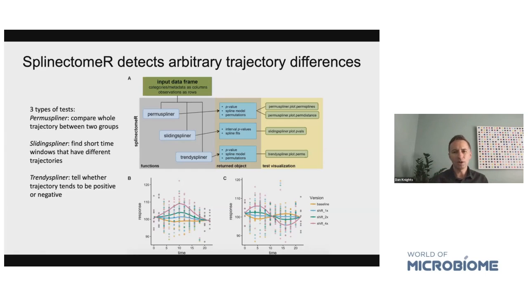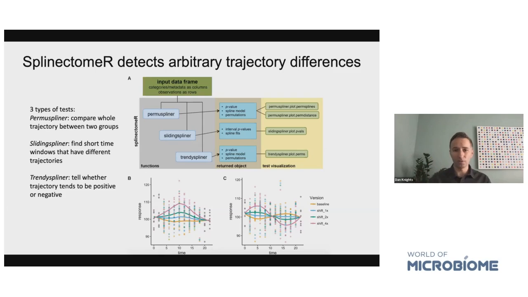And we wanted a way to be able to test whether that shape was different between different exposure groups in our data set. So this tool is called SplinectomeR because it fits a spline to the trajectory in each subject. And then it looks for systematic differences between all of the splines in one group of subjects and all of the splines in another group of subjects.